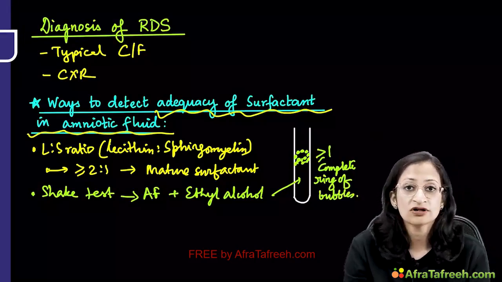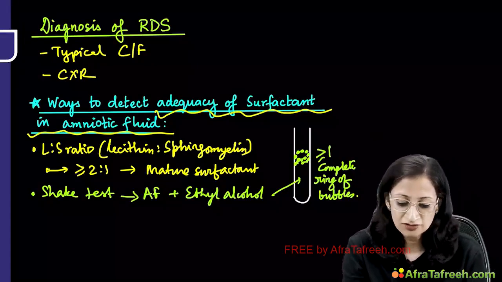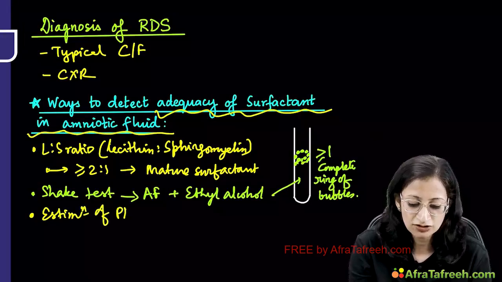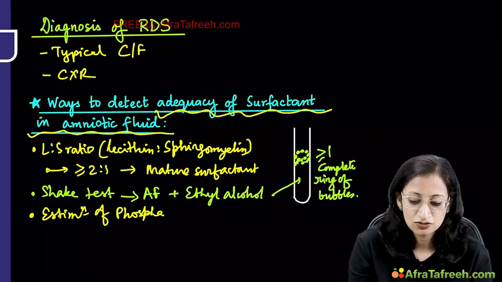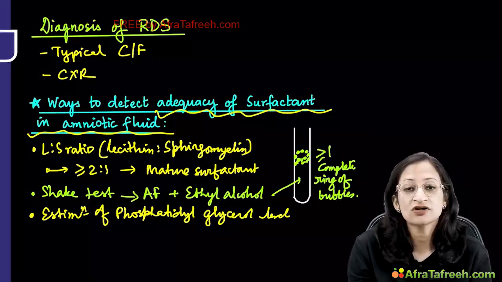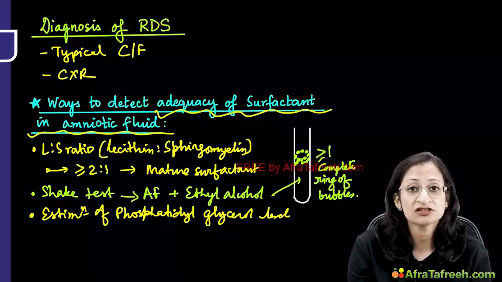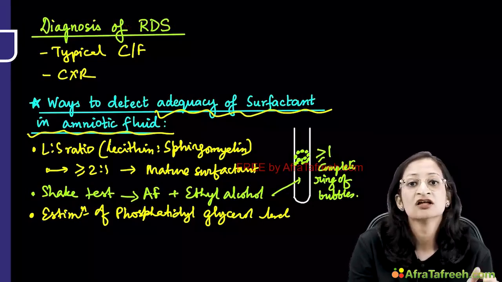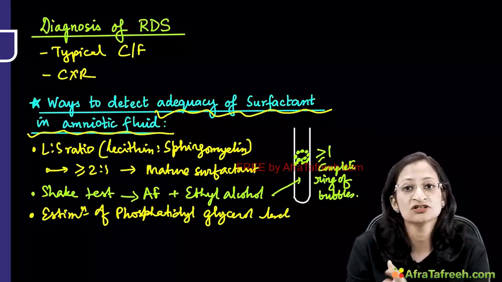Okay. What else? We can also do direct estimation of phosphatidylglycerol levels. And we can also do one test which is called the Nile blue sulfate test. It has been asked in MCQs previously. The Nile blue sulfate test is used to detect skin maturity, brain maturity, lung maturity, or GI maturity.